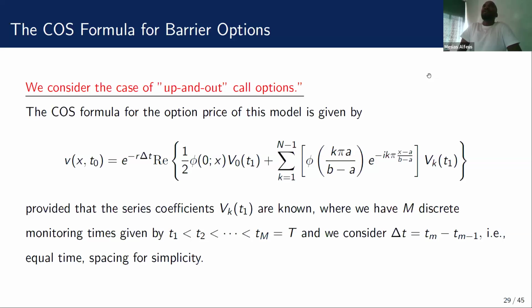What I've seen in the literature is that if you want to move from continuous monitoring, they change the barrier by a certain factor so that they can use their continuous methods in the discrete case.